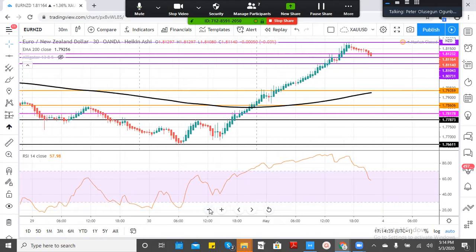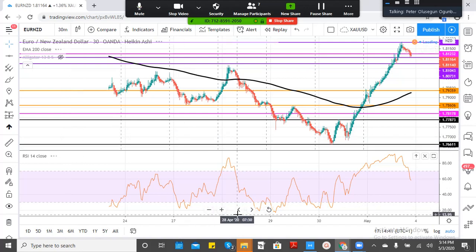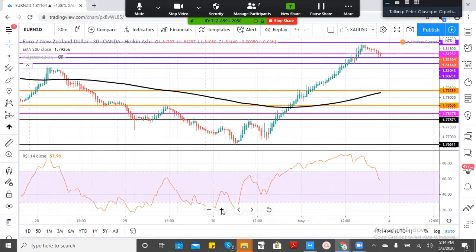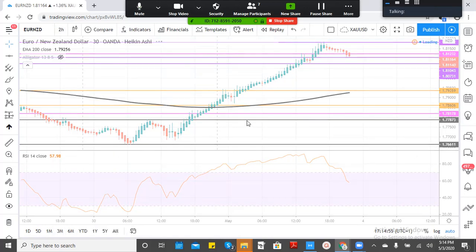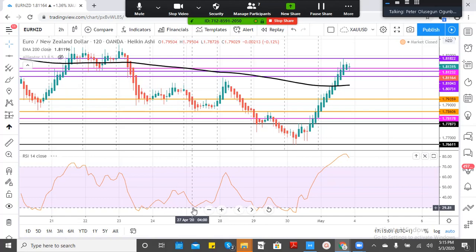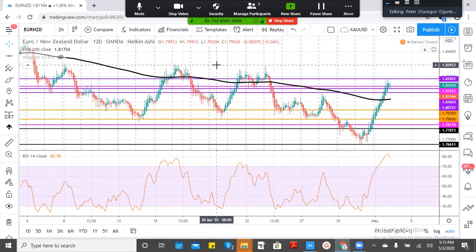So I have to zoom out to see what the price had done in the past. Let me switch to a higher time frame. Let me go to 2 hours to be able to pick something there. So this is where the price is. I can look for this height that the price did and go a bit above it and place my stop loss there.